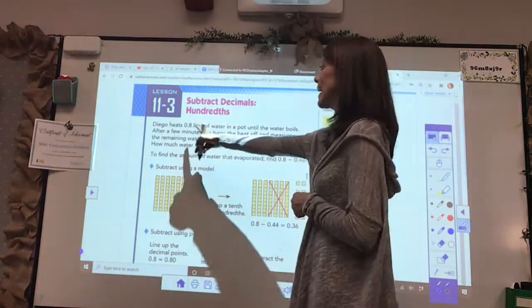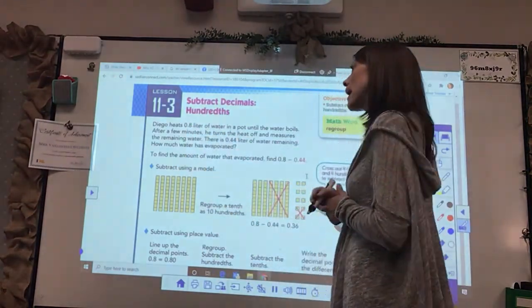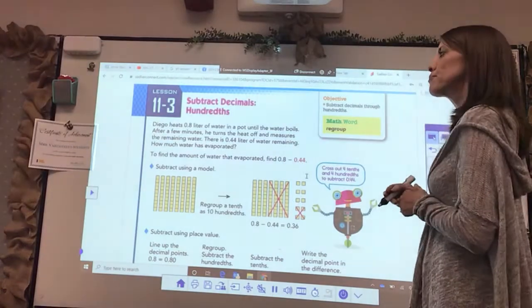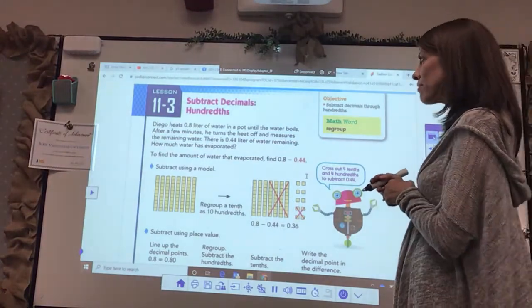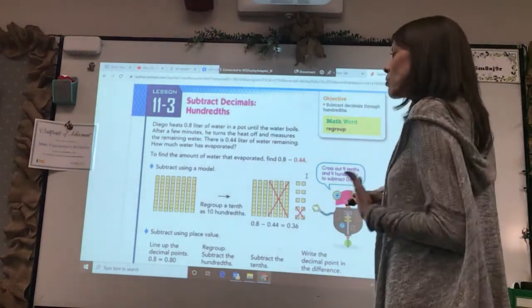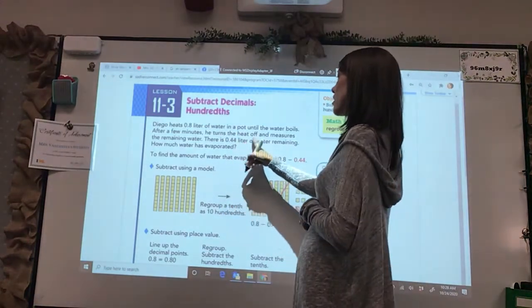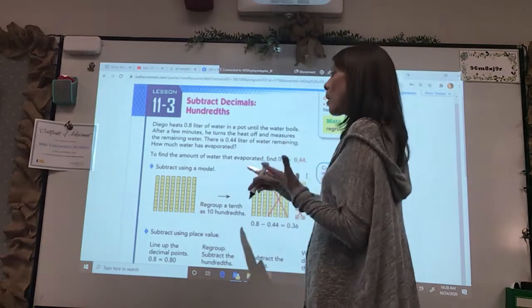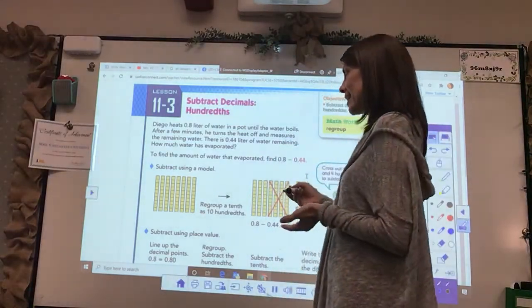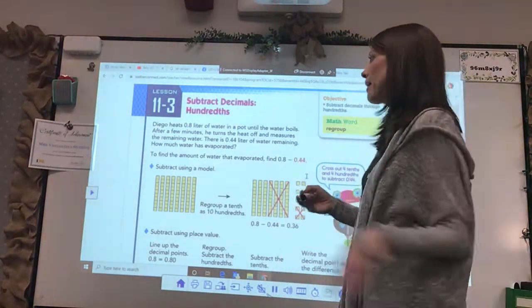Diego heats 8/10 of a liter of water in a pot until the water boils. After a few minutes, he turns the heat off and measures the remaining water. There is 44 hundredths of a liter of water remaining. How much has evaporated? All right, so how much has left the pot?